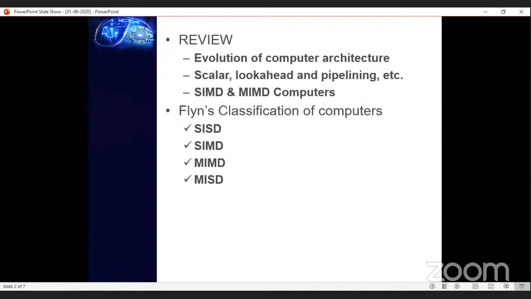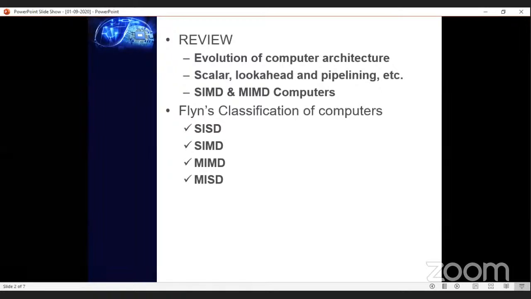What is that? Flynn's classification of computers. From your examination point of view, Flynn's classification of computers is an expected question. It's an assured question from the first unit. Even I'm regularly saying, whether you are going to face a written examination, there you may expect Flynn's classification under the 10 mark.